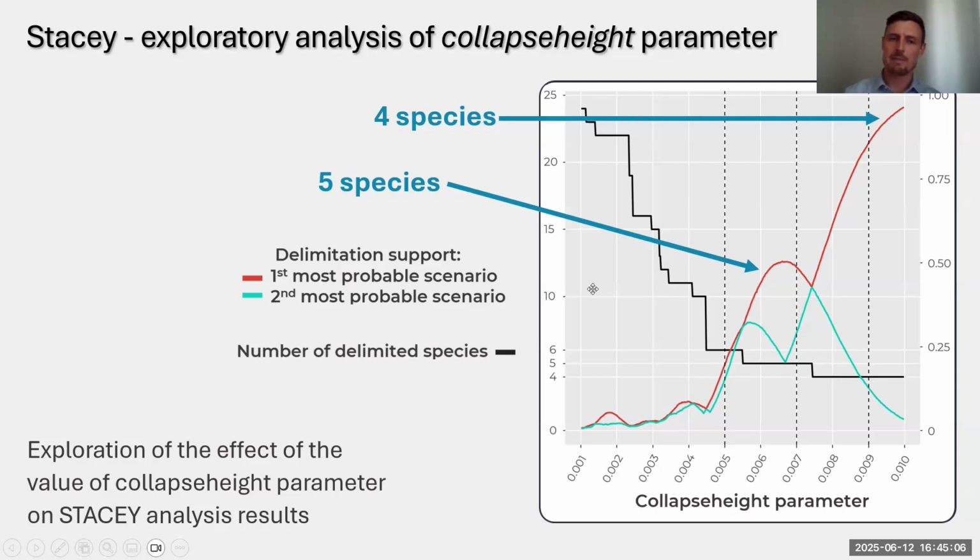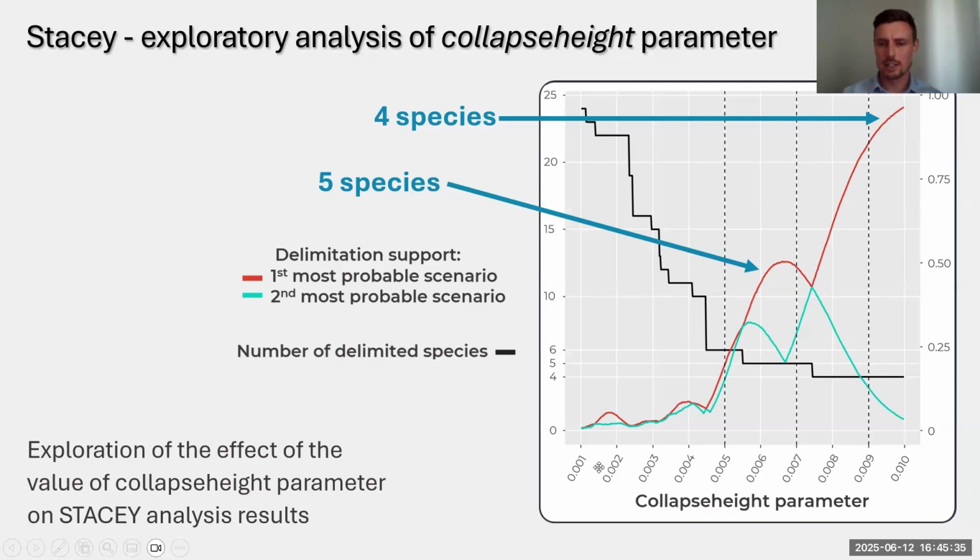At the same time, it shows you the support for the first and second most probable scenario, the result of the species delimitation at the certain parameter value.